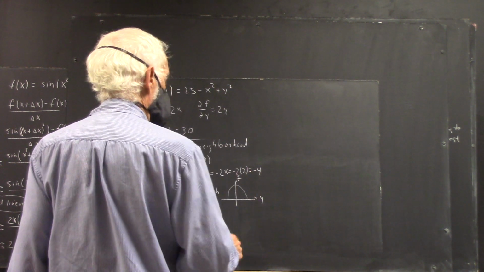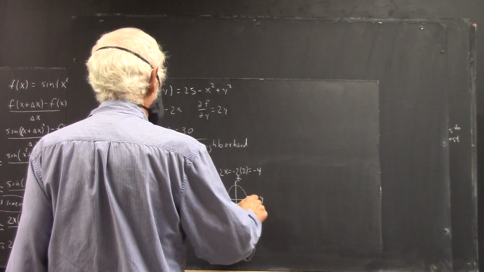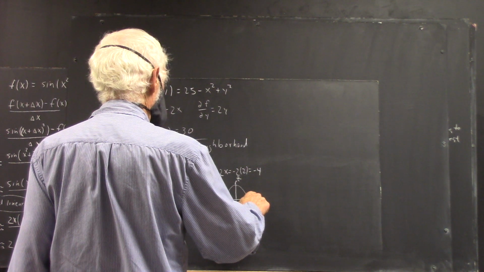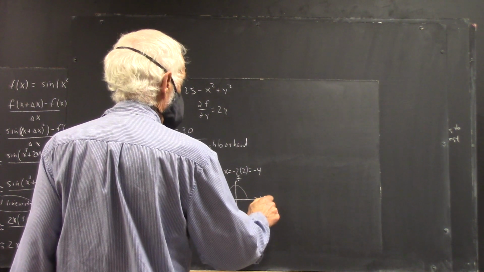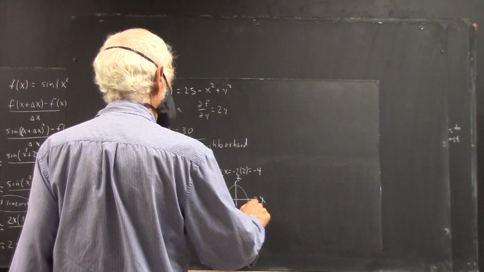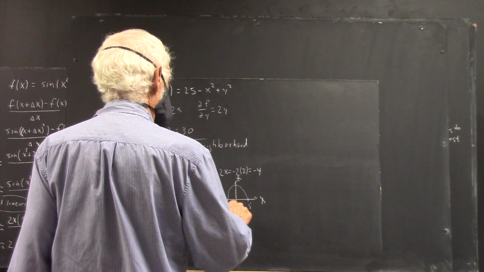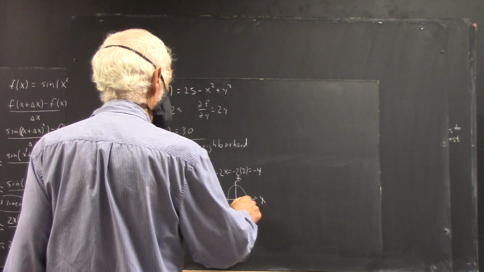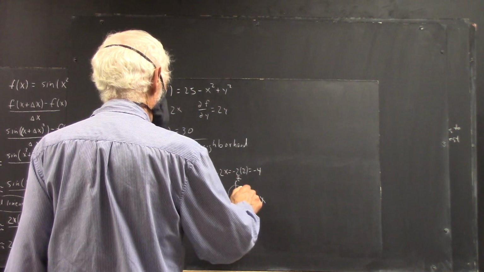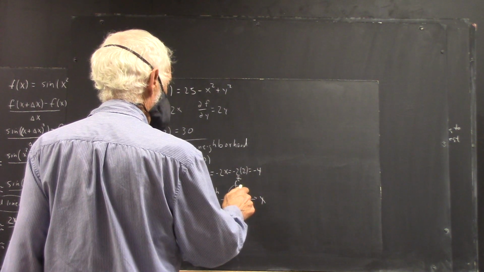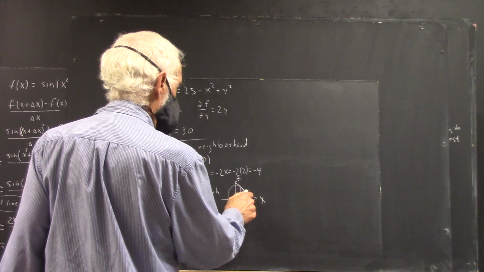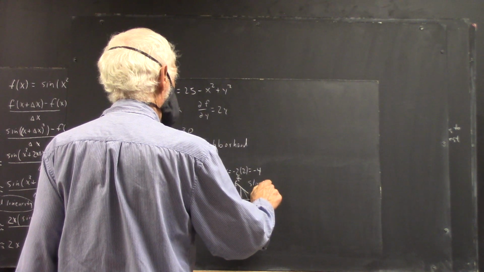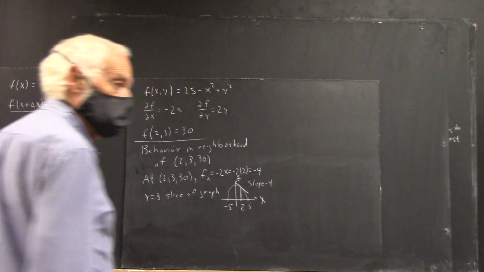You got z here, you got x here. You have an x-intercept of 5 or negative 5. And when x equals 2, you have a tangent line with a slope of negative 4.